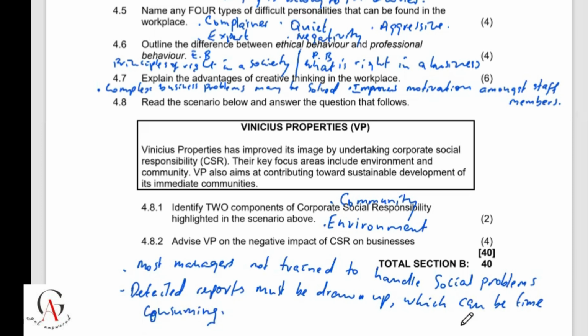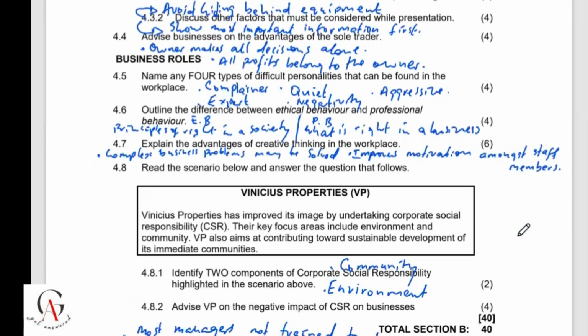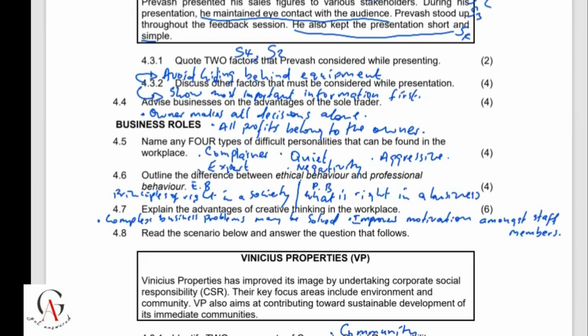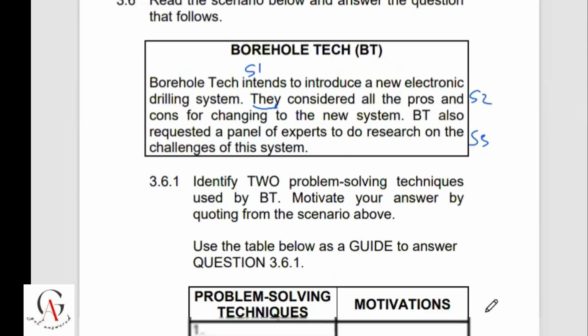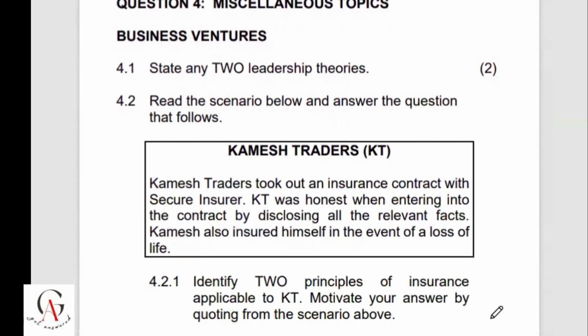So now, grade 12s, we are done with question 4 on this side of the question paper. Let's go and check another question 4 on another question paper. Okay, right. So now, remember, these are miscellaneous topics. So now let's check our 4.1. 4.1 reads as follows.